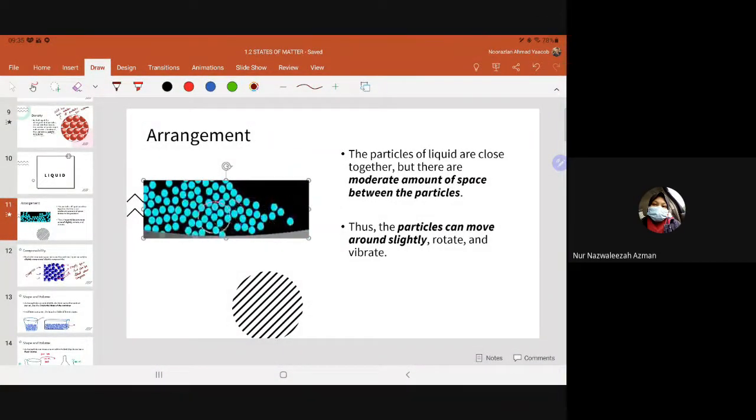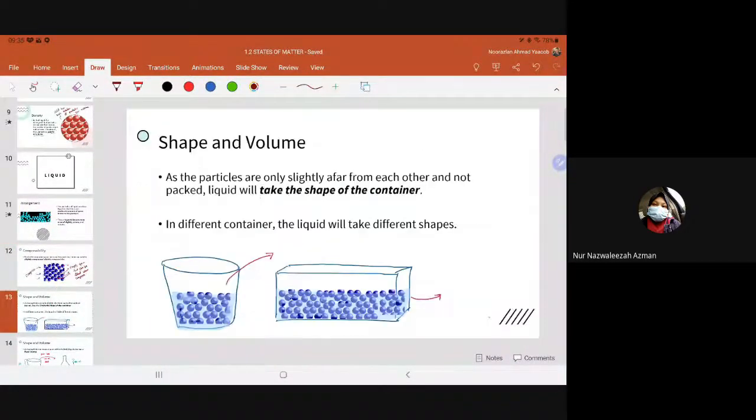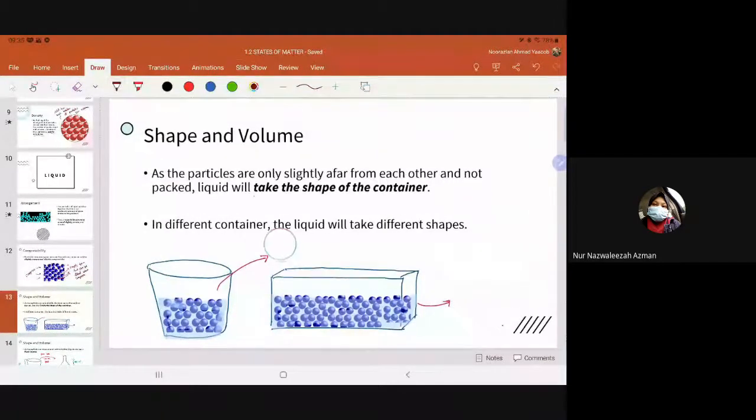So dia ambil bentuk bekas. It takes the shape of the container because the particles can move around ever so slightly. Takes the shape of container.